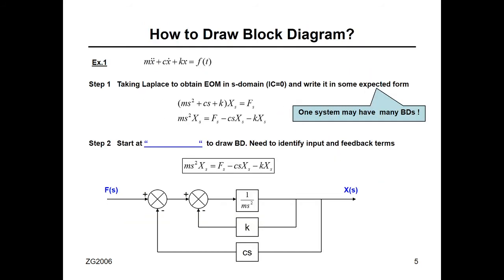There is another example. One more thing I would like to tell you. Do you remember this problem? This is a mass with a single degree of freedom system, X. This is a spring, and we have a damper, and an external force, F of t.